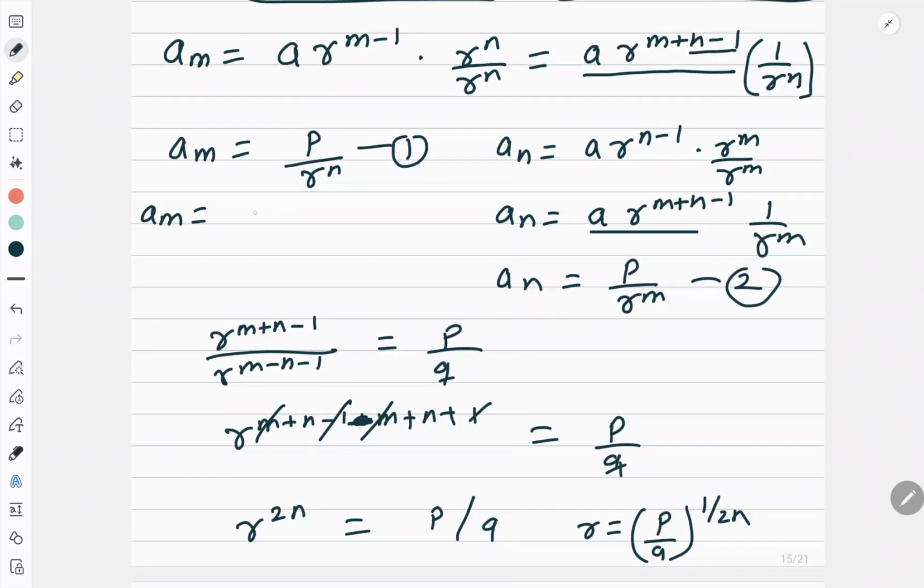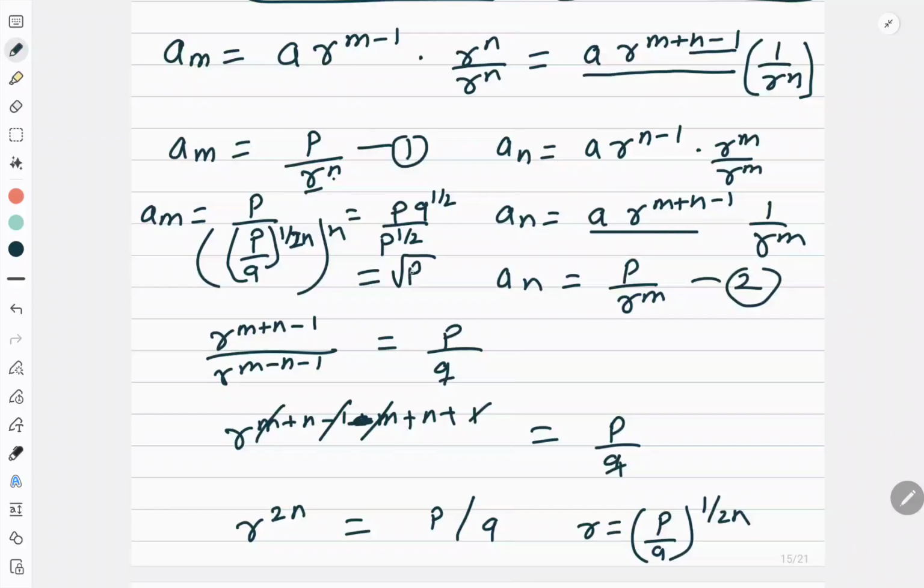So my am will become P upon (P by Q) to the power 1 by 2n, raised to the power n, because it is r to the power n and r is to the power 1 by 2n. So this n will get cancelled. So what will be left? P upon P to the power 1 by 2 and Q to the power 1 by 2, which is under root PQ. That is the answer.